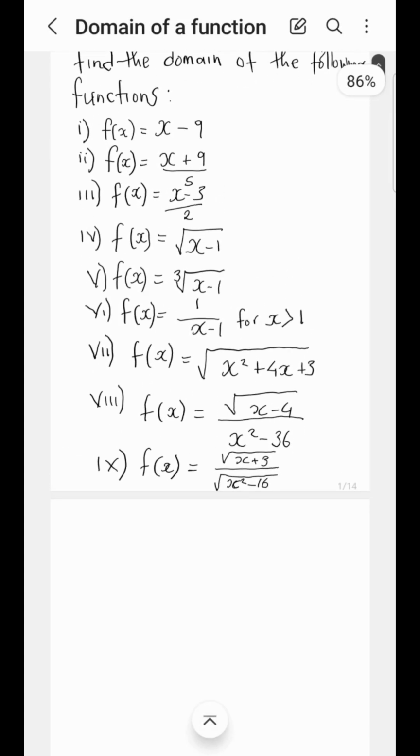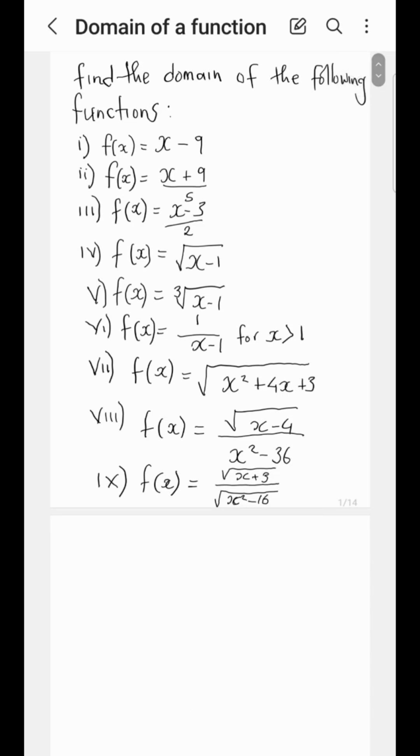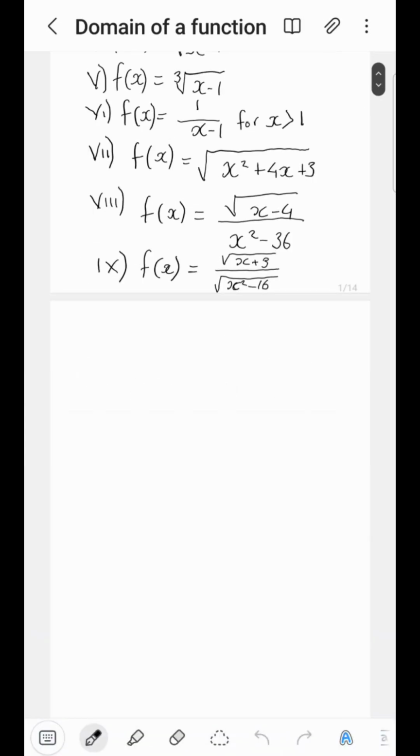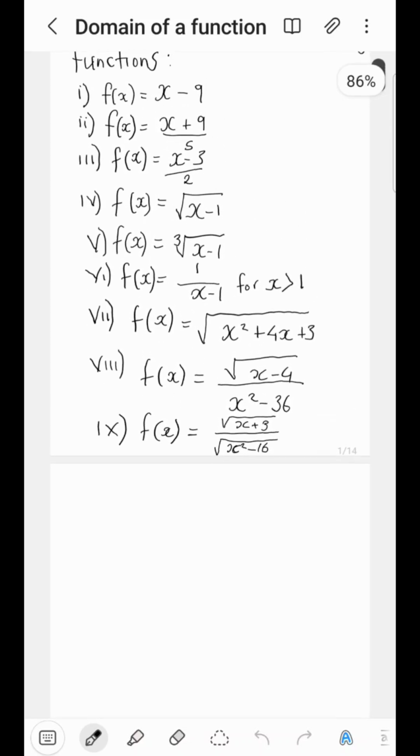Example 1. Find the domain of the following functions. The first function we have is f of x equals x minus 9. So what are the values of x that will make this function to be defined? We'll find that all the real numbers will make this function to be defined.